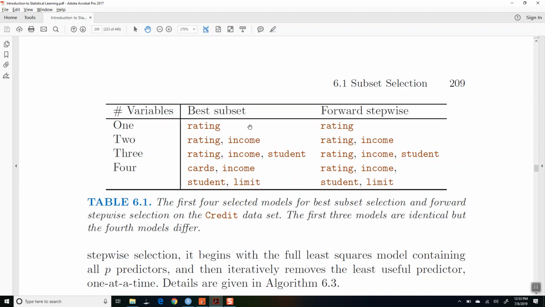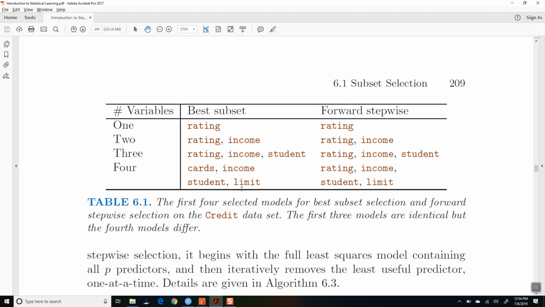But with best subset, or checking all possible combinations, with 1, 2, and 3 variables, rating, income, and student are the same. But when you go for 4 variables, I don't know how this happens, but it does. Rating doesn't really contain more information than what income, student, limit, and cards contain. So the best combination of 4 variables is cards, income, student, and limit, which is crazy, but rating no longer matters.